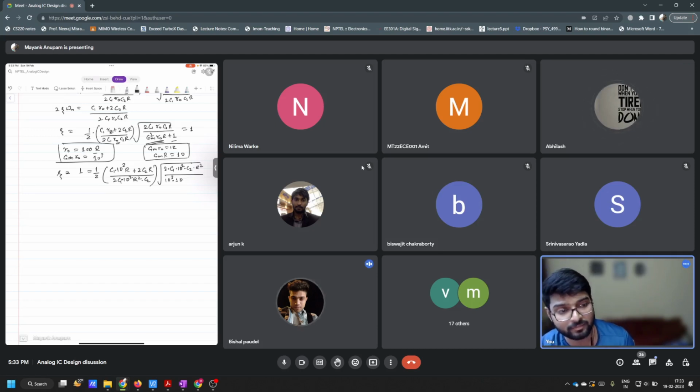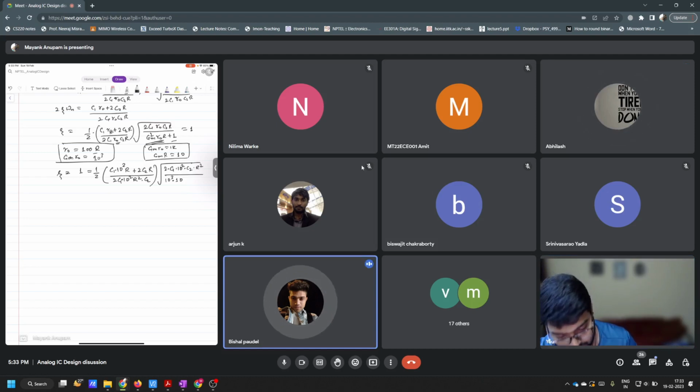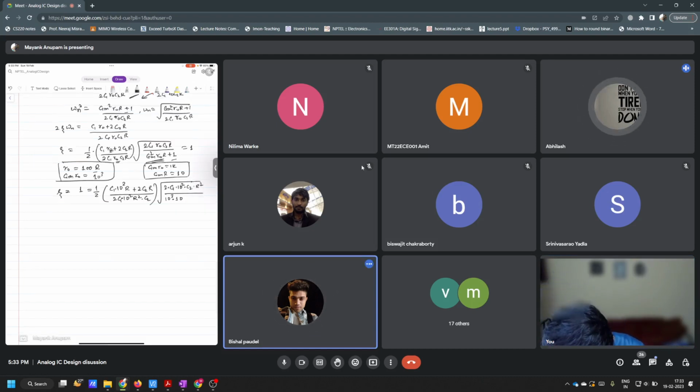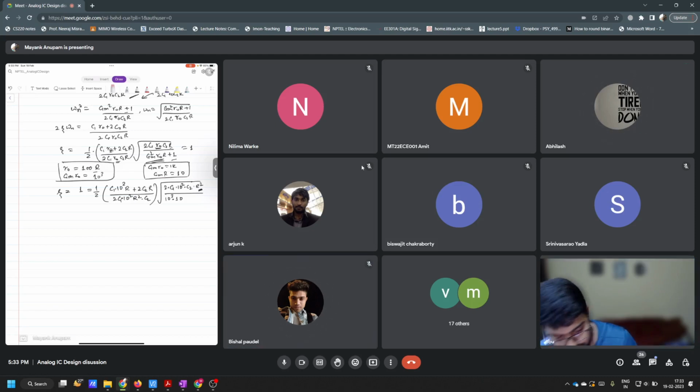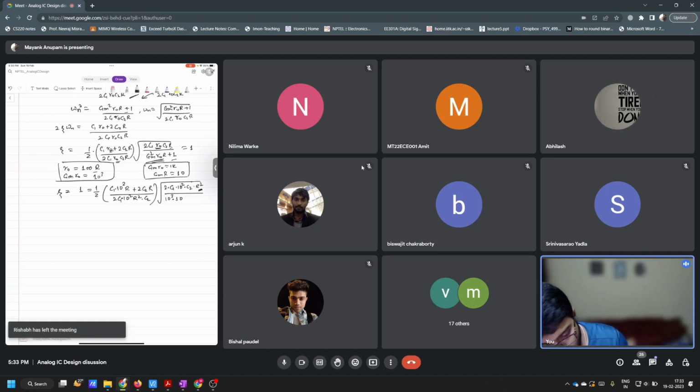So in the numerator also we'll have R? No, we'll have R square. The numerator is correct: C1 times C2, and R naught is 10 to the power 2 times R, so this becomes R square. Yes, sir, so the numerator is correct, and the denominator is also correct now.